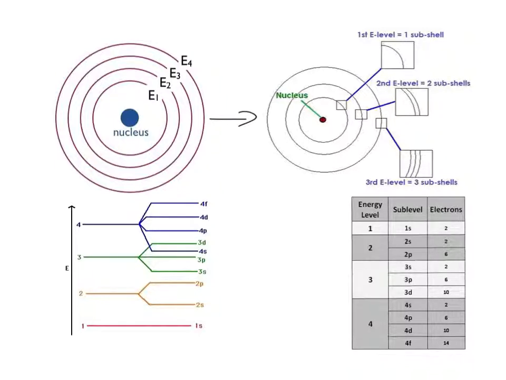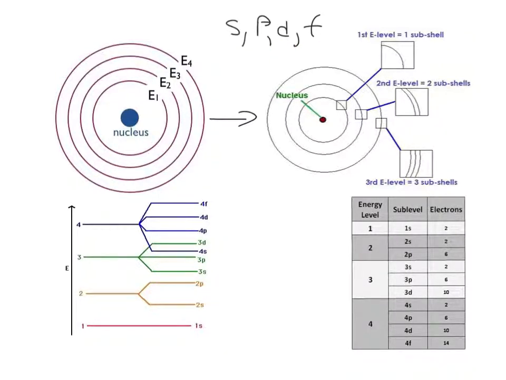So the easy way to remember this is whatever energy level you're in, that's the number of sublevels you have. And remember, we've labeled the sublevels S, P, D, and F. So the first energy level only has the S. Second has S and P, third has S, P, D, and fourth has S, P, D, F.